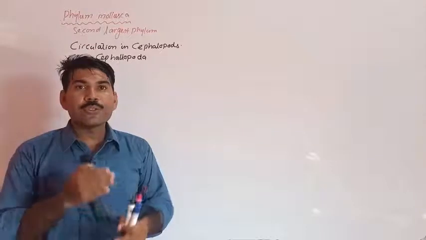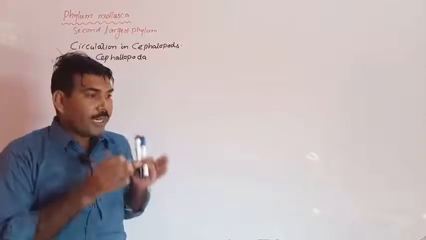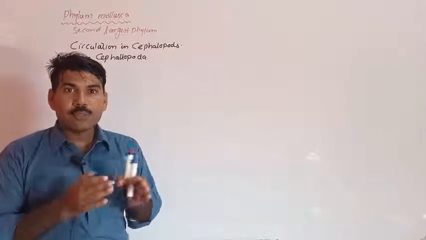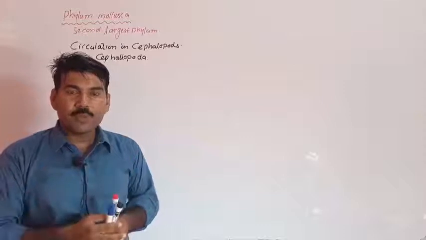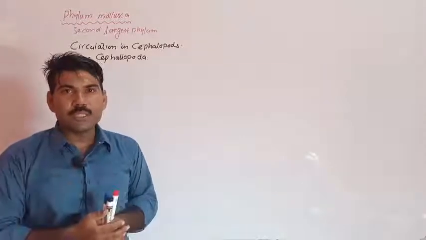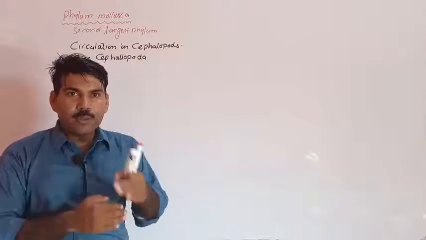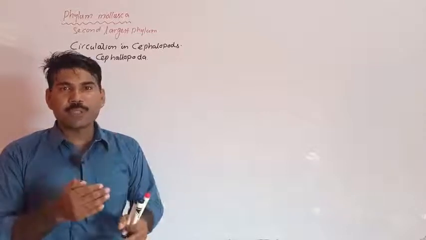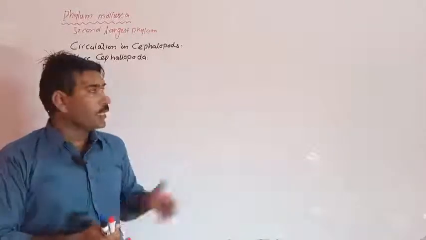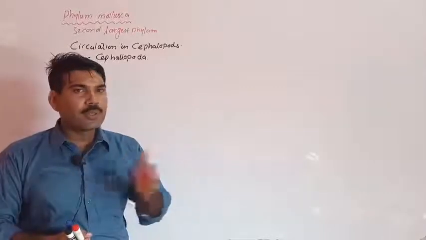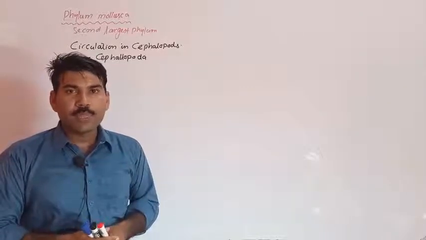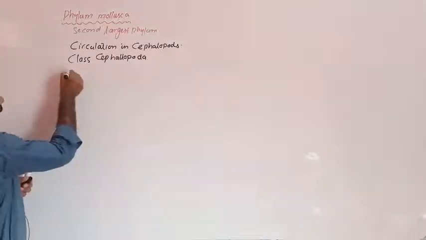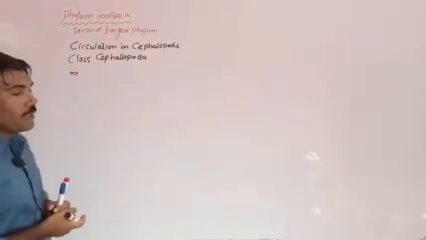Due to a closed circulatory system and more oxygenation, because due to closed circulation more oxygen is provided to all parts of the body, so more respiration takes place, and due to more respiration more energy is produced. So due to more energy, the members of class Cephalopoda have a more active lifestyle. So how does circulation take place in these cephalopods?